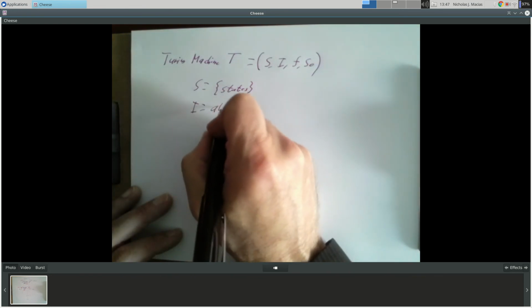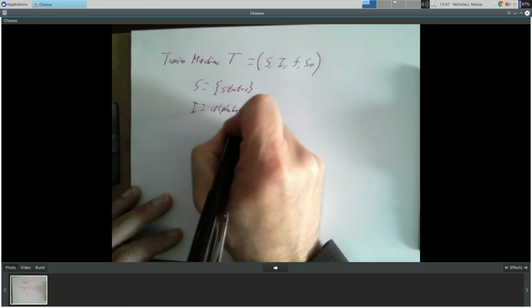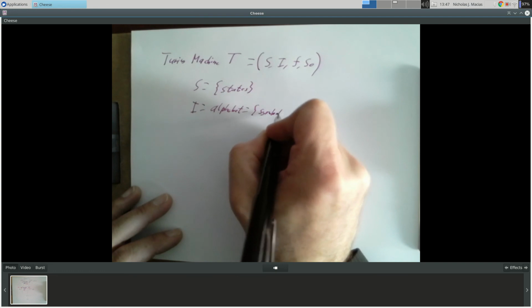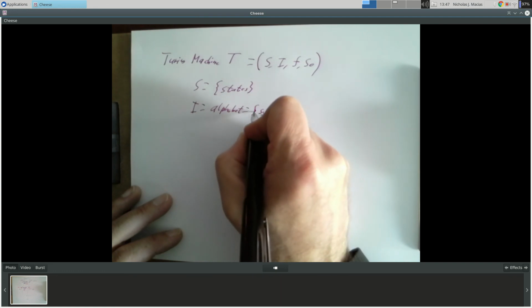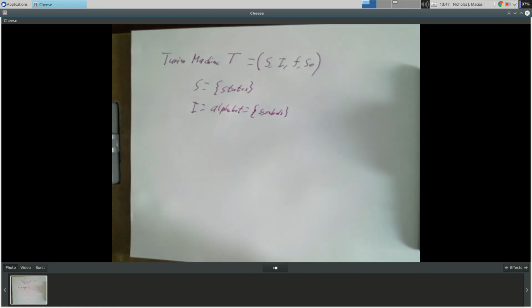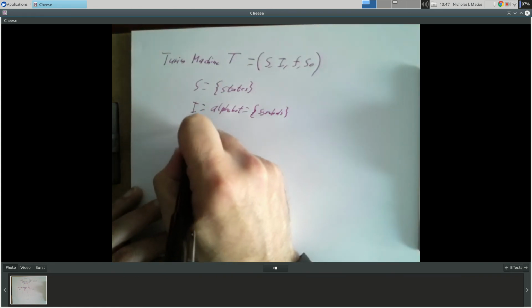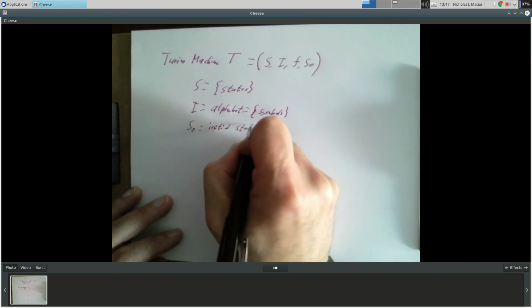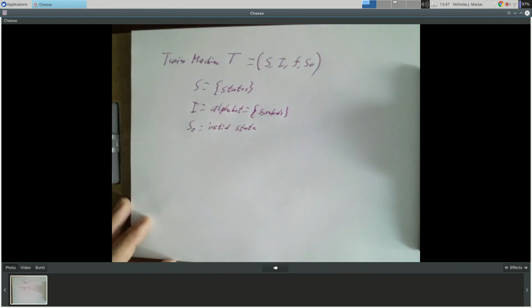I equals the alphabet, which is a set of symbols. A lot of times our alphabet will just be 0, 1, and maybe a few placeholders. So it's kind of like the symbols from automata. S0 is our initial state. That's the state the system starts in.